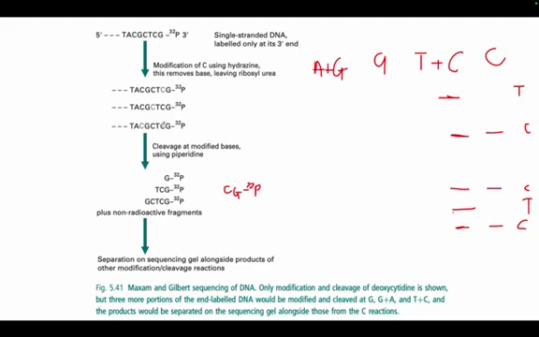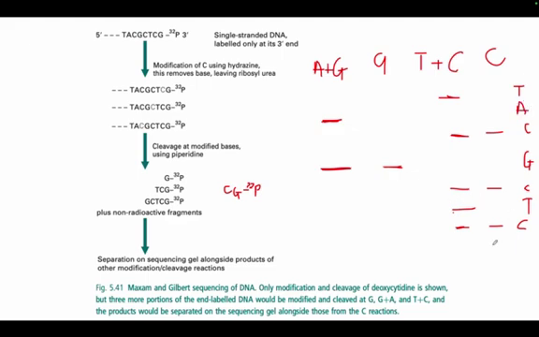So there'll be one G, which will give us bands in both. Then we have an A over here. And since there's a band in both of these, we know that this must be a G. And since there's only a band here but no band here, this must be an A.